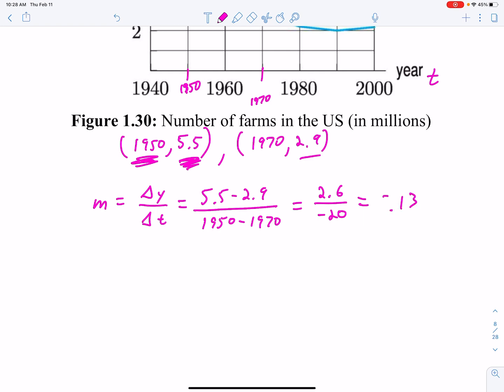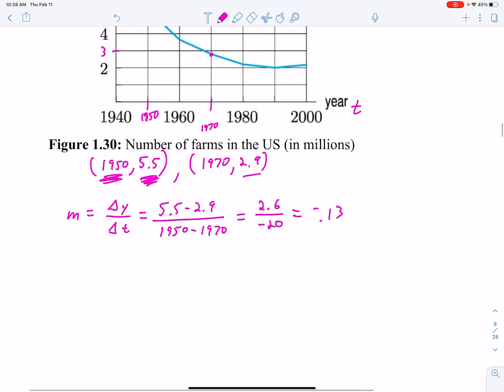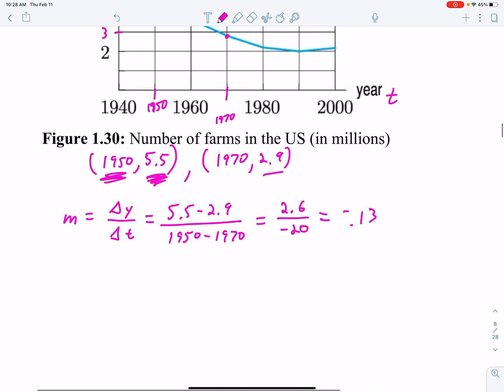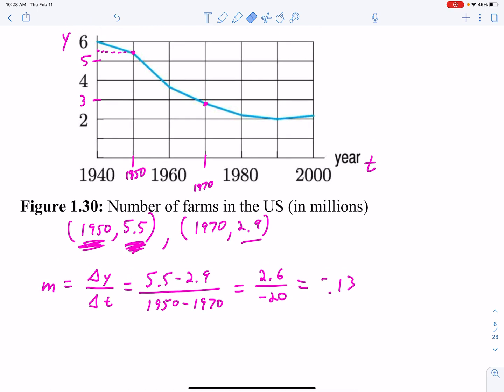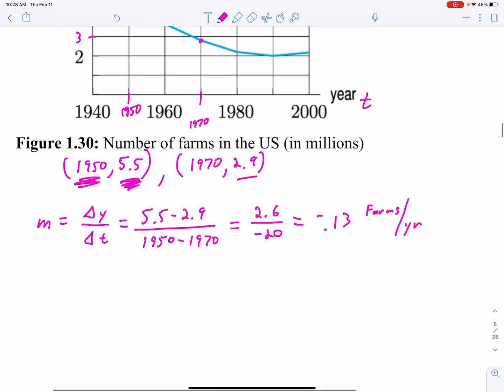Okay? All right, so that's the average rate of change of the number of farms in the U.S. in millions. So negative 0.13, the units would be number of farms, or just farms, per year, okay? Now the negative, of course, represents a decline, right?